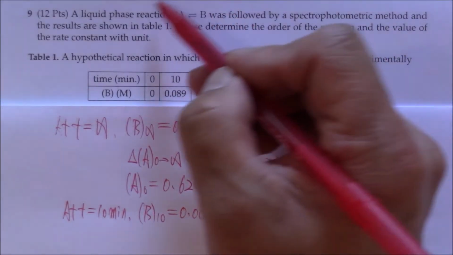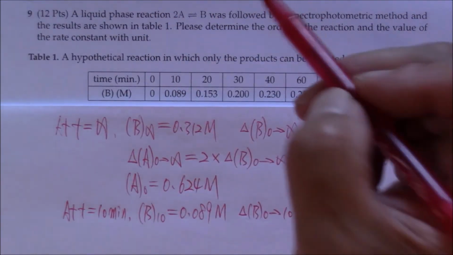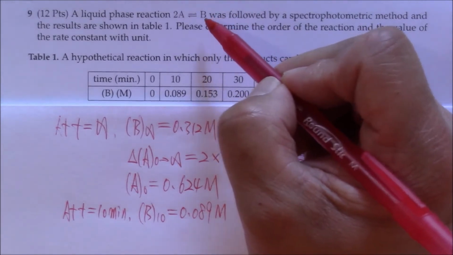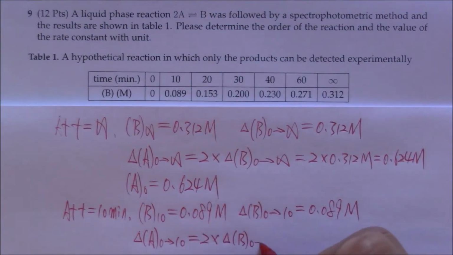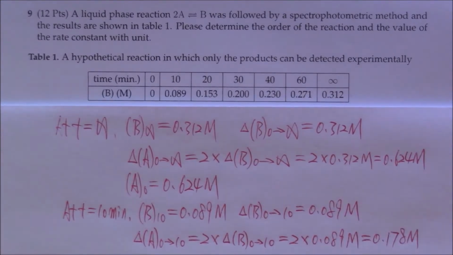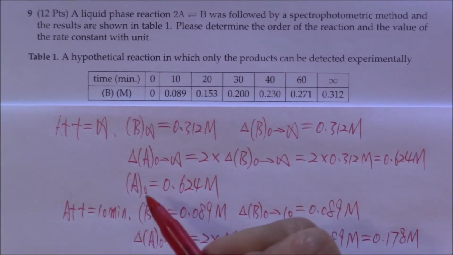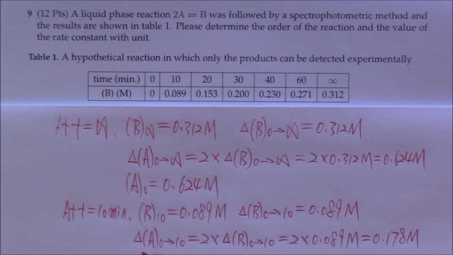Remember, the balanced chemical equation tells us the ratio of the change of B and the change of A. Since we know the initial concentration of A, we know the change of A, we can calculate the concentration of A at T equal to 10 minutes.